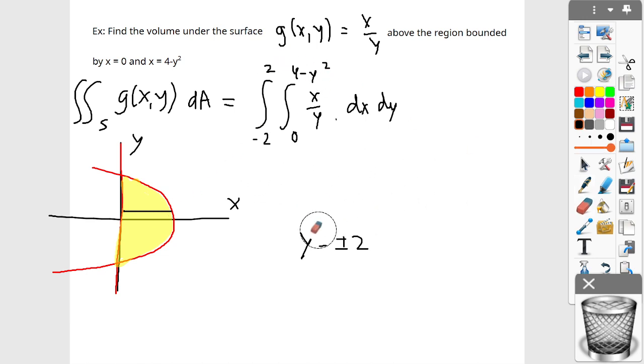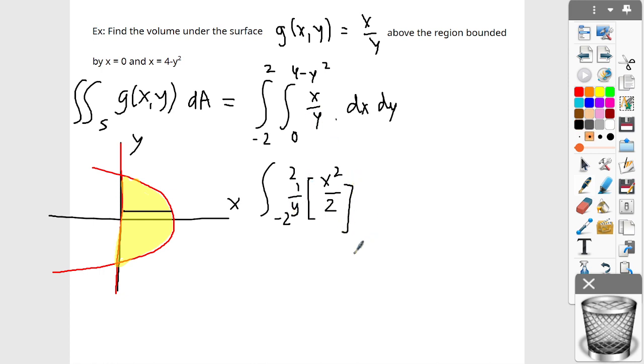Alright, let's integrate. So first of all, we integrate with dx. So that will be negative 2 to 2 of x squared over 2, and I'm going to factor y out because y is a constant in this case when we're integrating with x, from 0 to 4 minus y squared, dy.